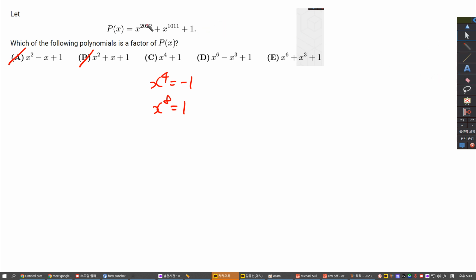So if we divide this 2022 by 8, the remainder is 6, and for this one the remainder is 3. So it's not working. It cannot be 0. So C is eliminated.